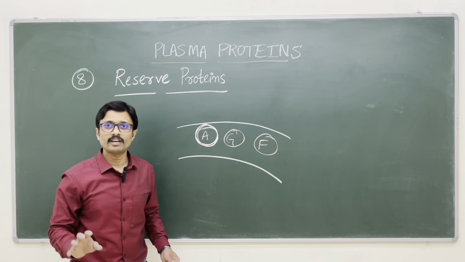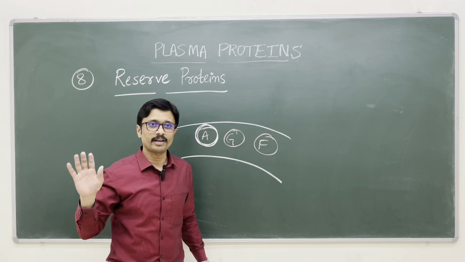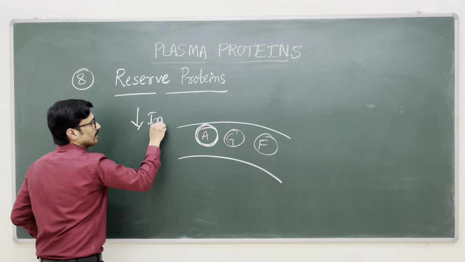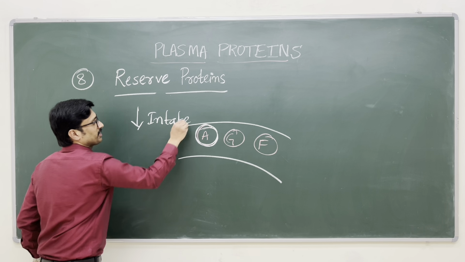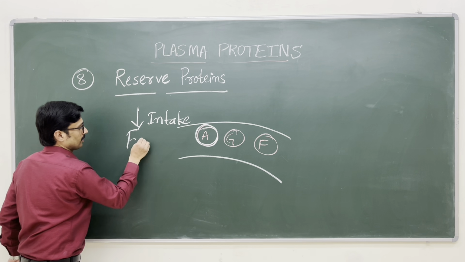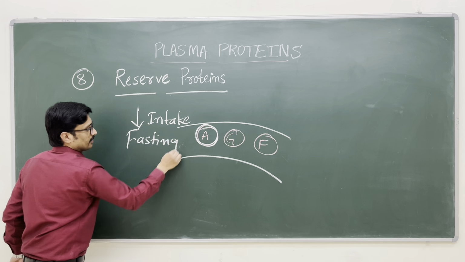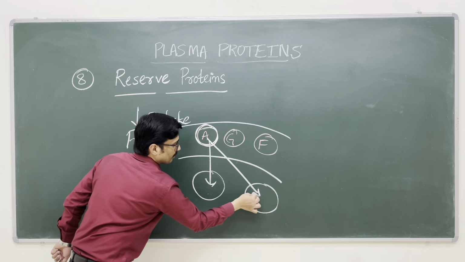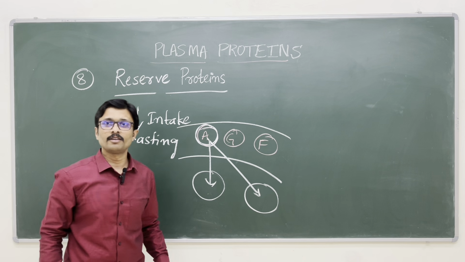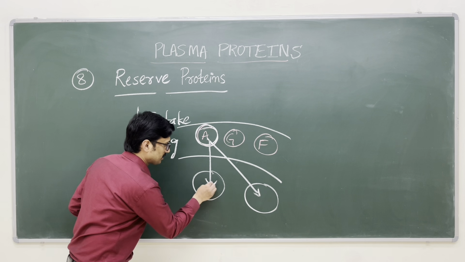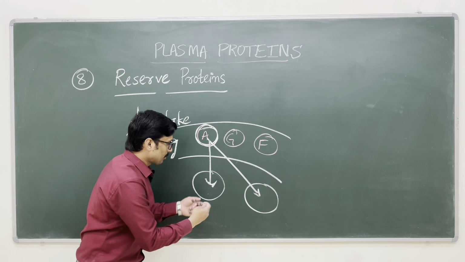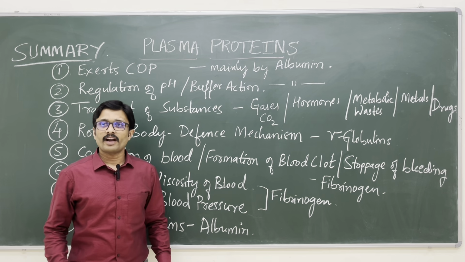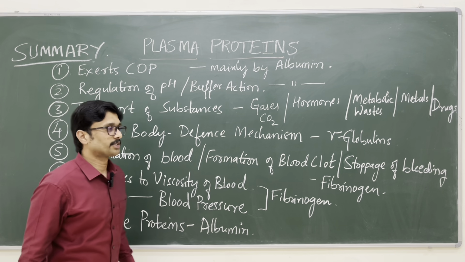That means albumin has almost all the essential amino acids. So during decreased protein intake, starvation or fasting, the cells can pick up this albumin and utilize it for protein synthesis and the metabolic activities of the cells. Now we'll summarize the different functions of plasma proteins.